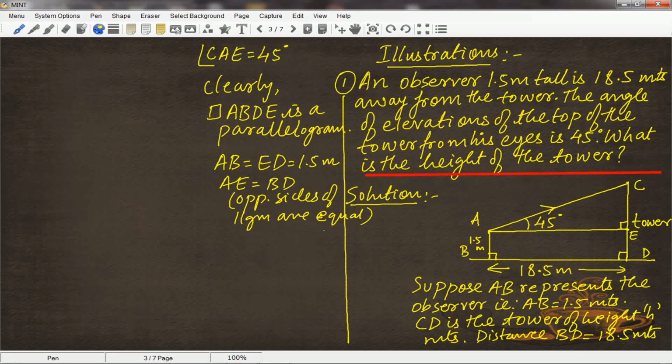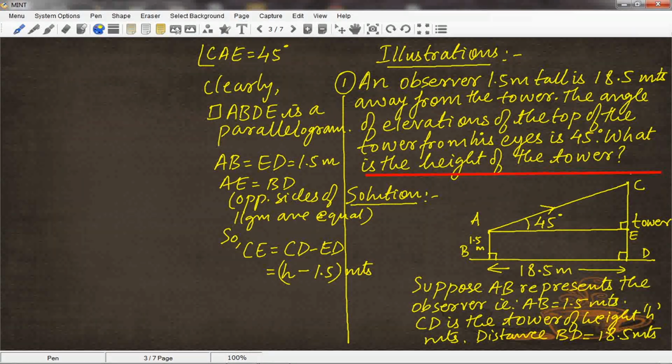Also we can get CE. CE will be given by CD minus ED. And how much is CD? As assumption, CD has been taken as H and ED is 1.5. So H minus 1.5 meters is the length of CE. Actually, right triangle AEC is formed.